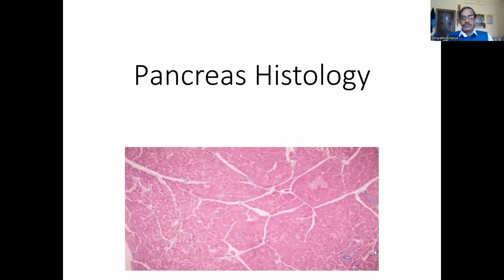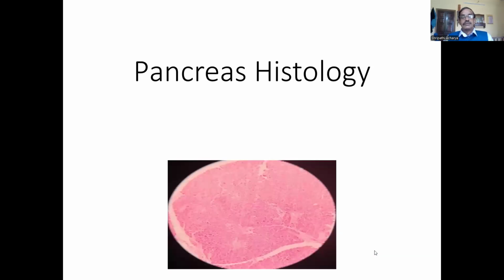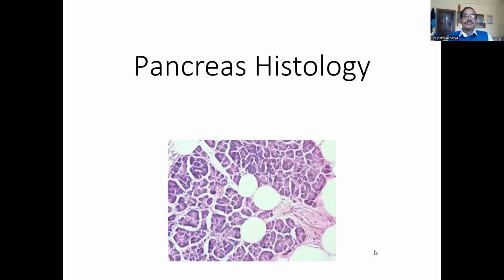So some more slides of pancreas. It is both an endocrine and exocrine gland. You can see acini, ductules, and islet of Langerhans.